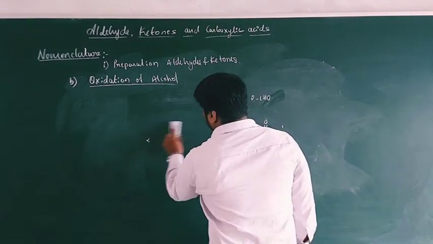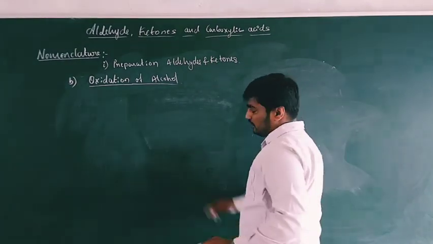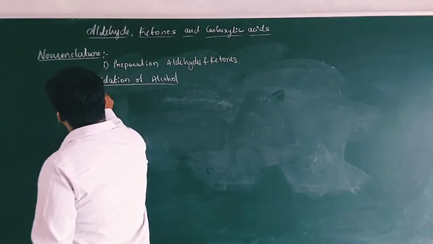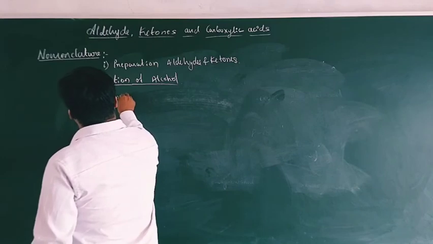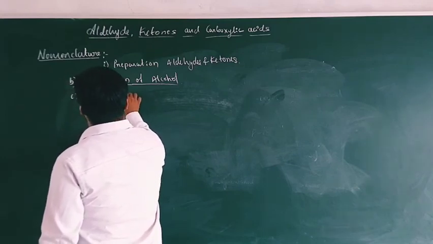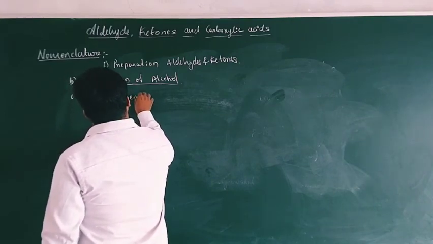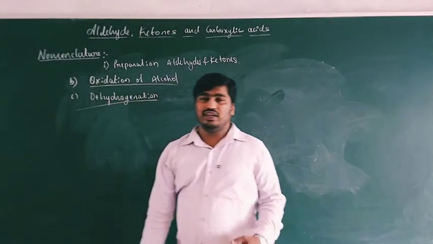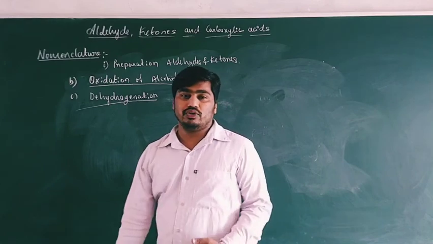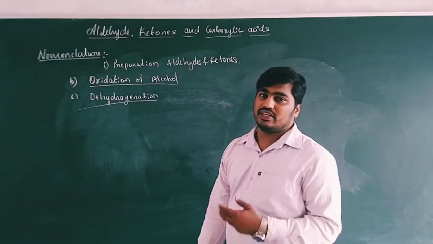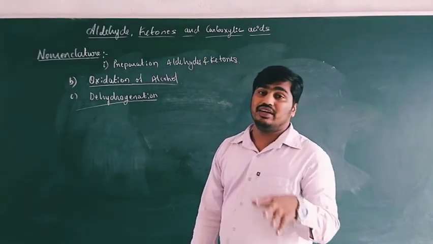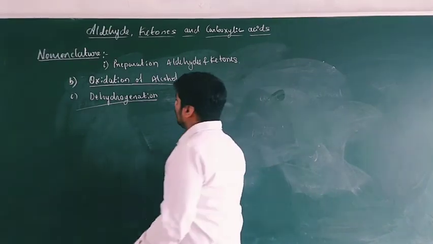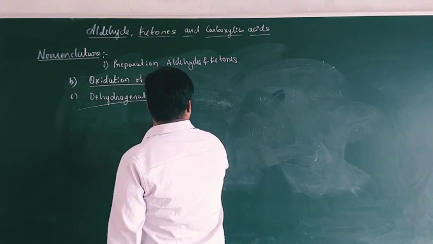Next, same from alcohol, dehydrogenation. Dehydrogenation means removal of hydrogen. Okay, hydrogenation means addition of hydrogen, nothing but reduction. This dehydrogenation is nothing but oxidation of alcohol using a metal.